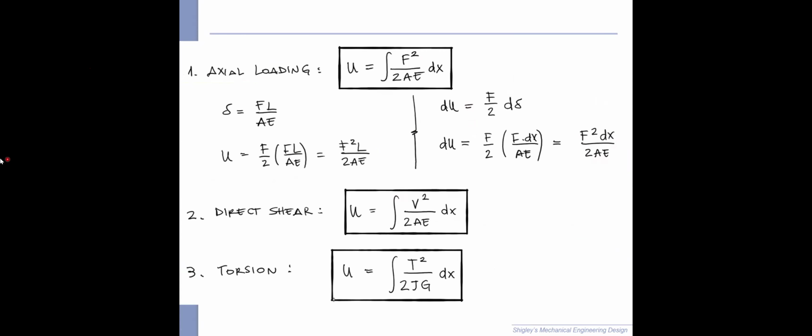Okay, so we can quickly recap every loading applied. This is for the axial loading. We get its energy, and then we take the derivative of the energy with respect to F, we can get its deflection.